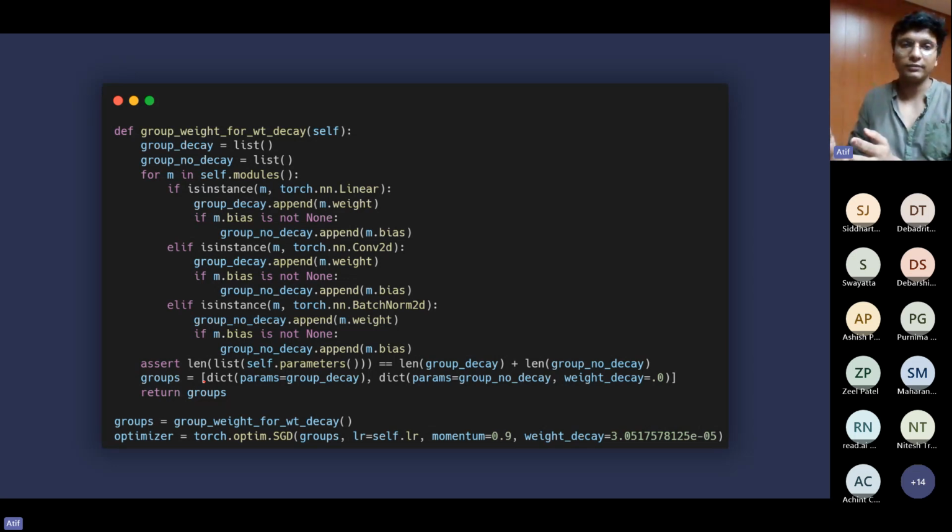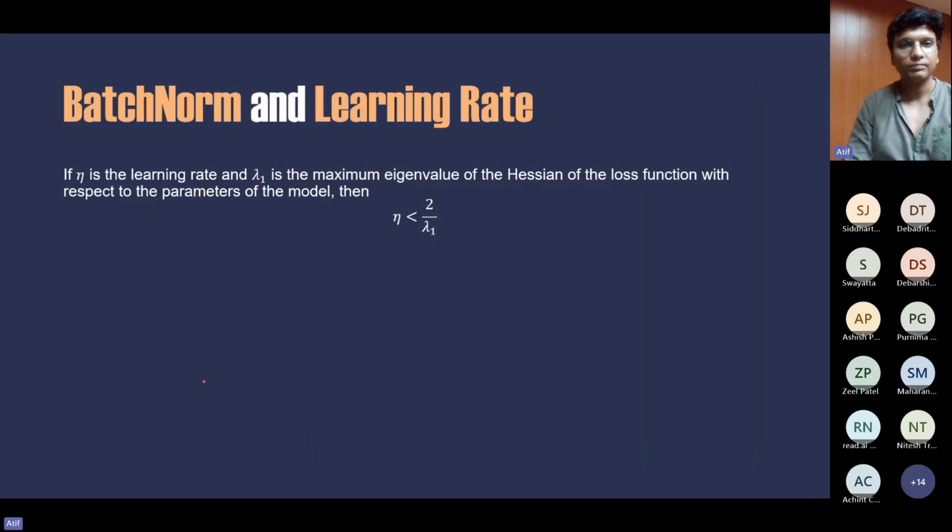So you don't want to do that. Just leave the normalization layer parameters and the bias parameters of all the layers as is, and apply weight decay only on the weights. So this is the entire code.